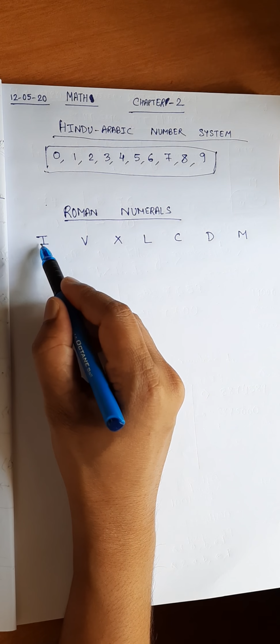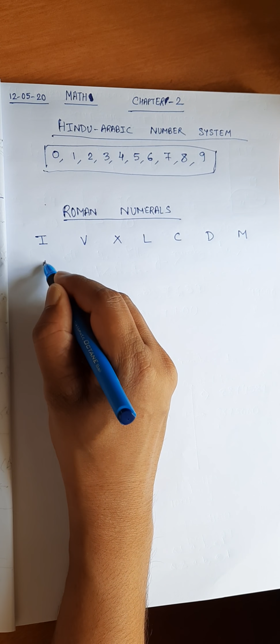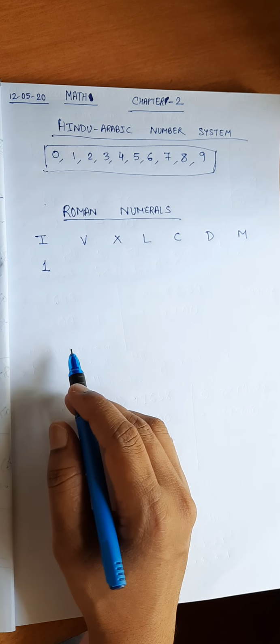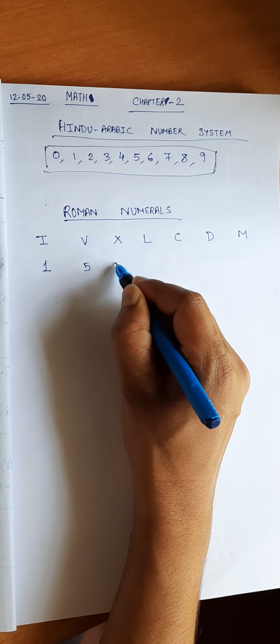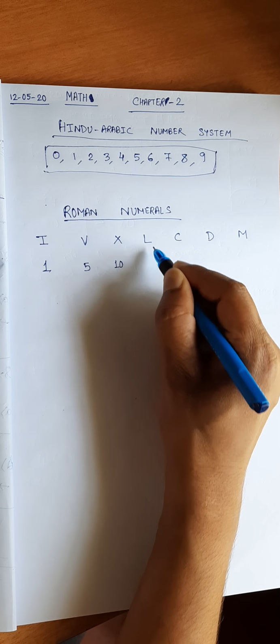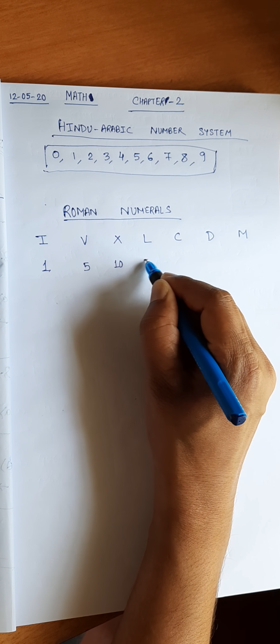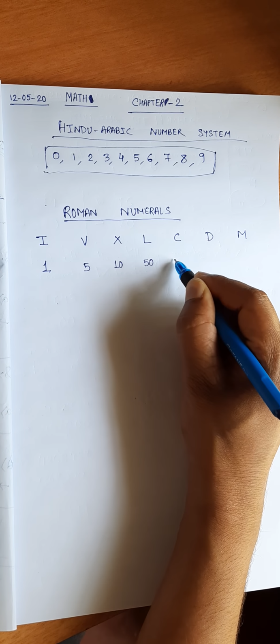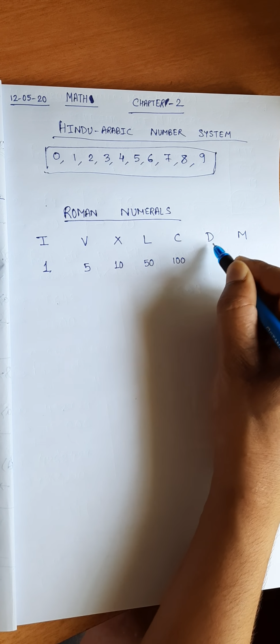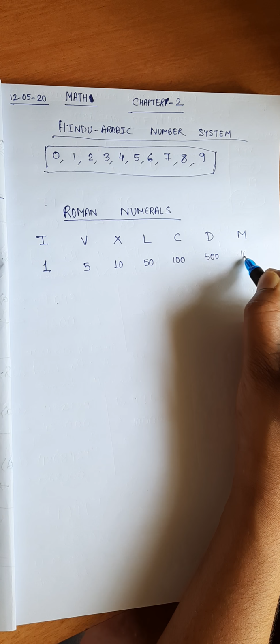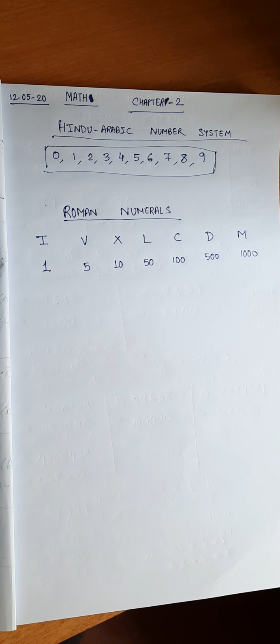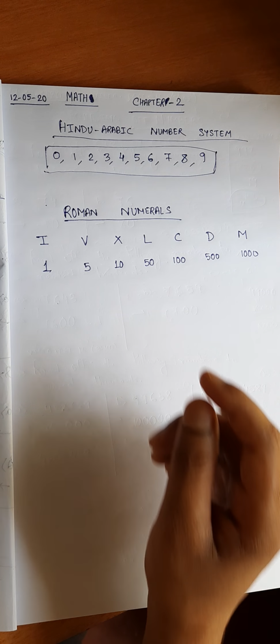Okay, this I means 1 in Hindu Arabic system, this V means 5, this X means 10, this L means 50, this C means 100, this D means 500 and this M means 1000. You have to memorize this.